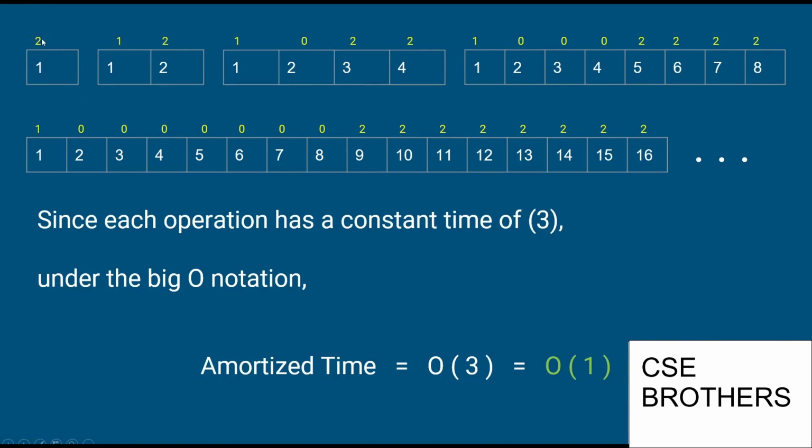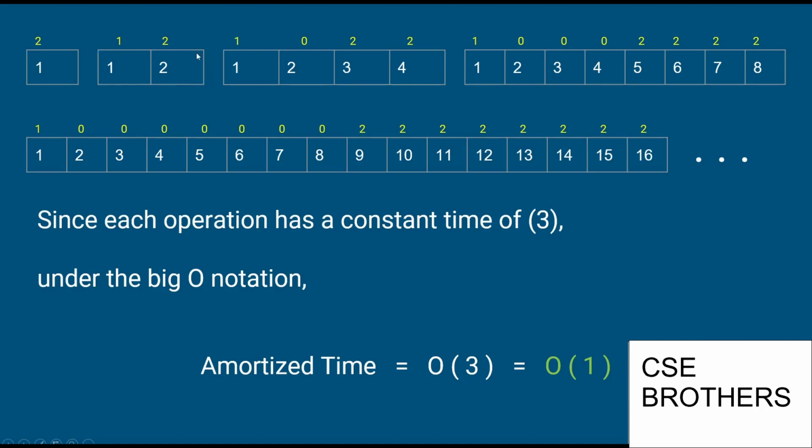Out of this 2, 1 will be used to copy the first element to the larger array, because this array is full now. So now the charge has become 1, and when the second element is inserted, it will have 2 charge remaining after insertion.